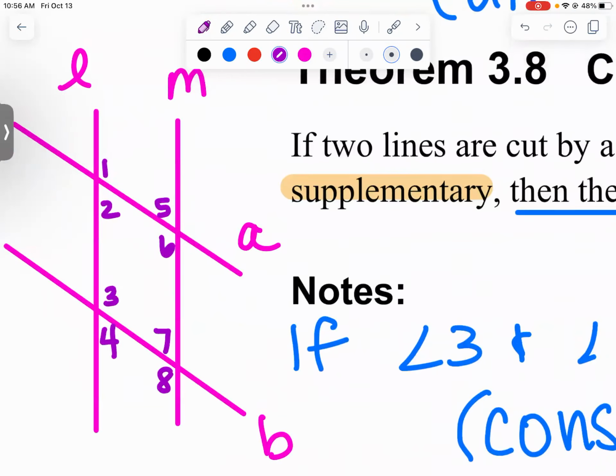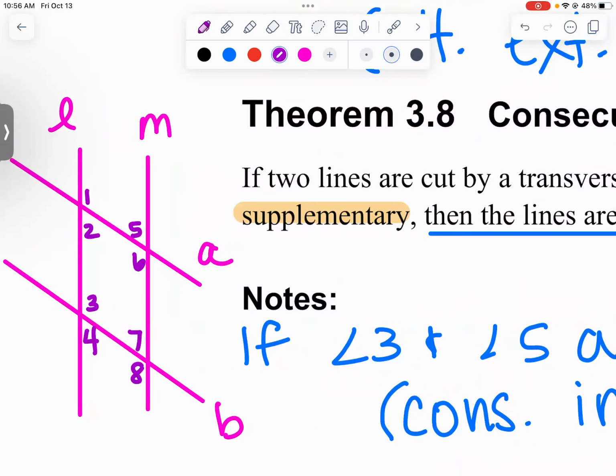Okay. So let's just take a look at this right here. If I said that angle 1 is congruent to angle 3, which two lines would then be parallel?